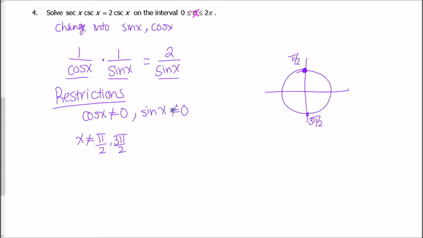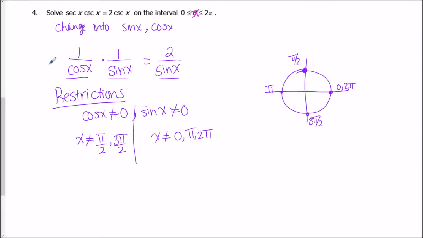Sine of x is not allowed to be 0, and we know sine of x is 0 at 0, pi, and then again at 2 pi. So x is not allowed to be 0, pi, or 2 pi. Here we would normally say x is not allowed to be pi over 2 n, but because we've got a specific interval, these are the only 5 values where x is not allowed to work here.